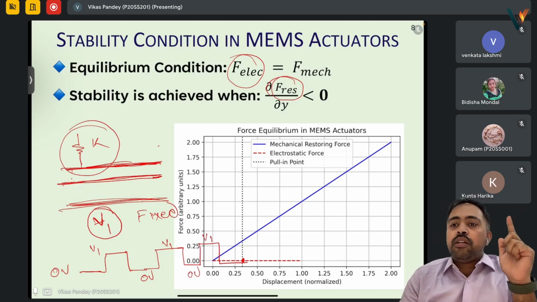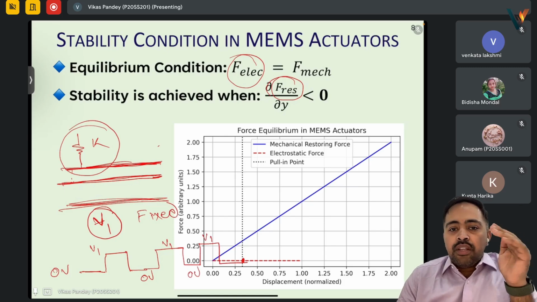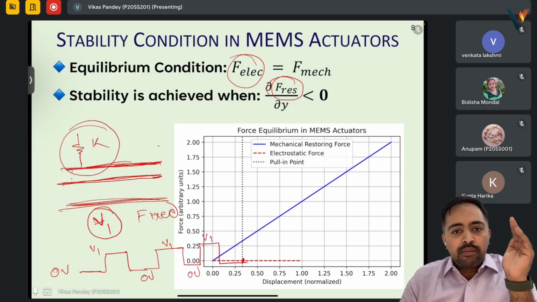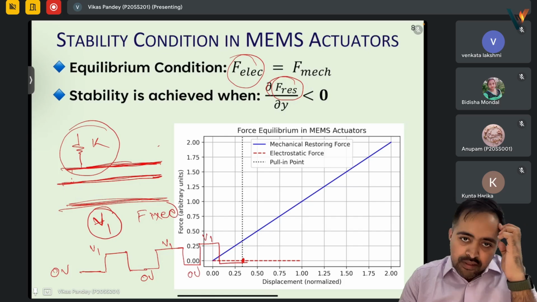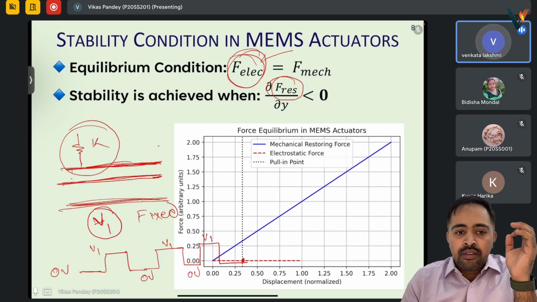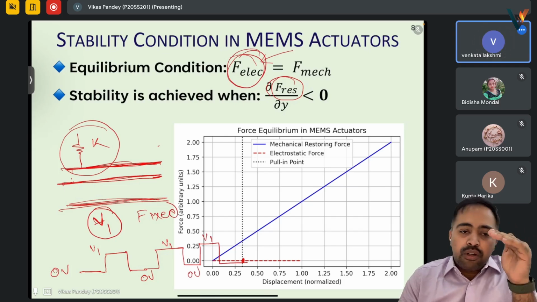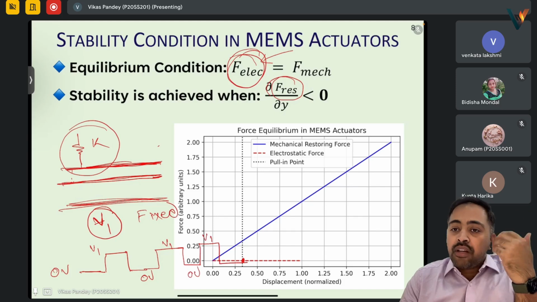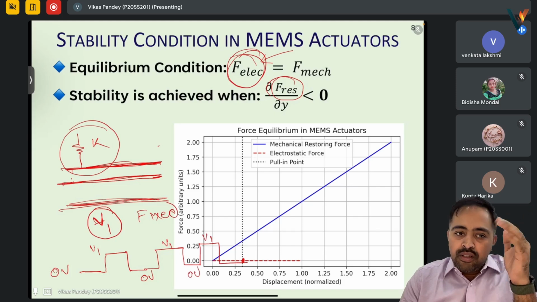It will try to pull it back to its previous position. Am I right? Now the bottom plate will be stuck to that position, sir. The bottom plate is already fixed. The upper plate is moving. Okay, sir.